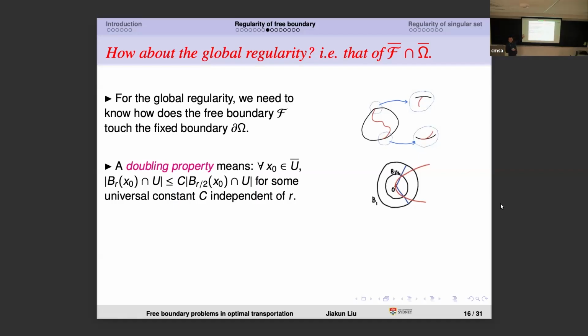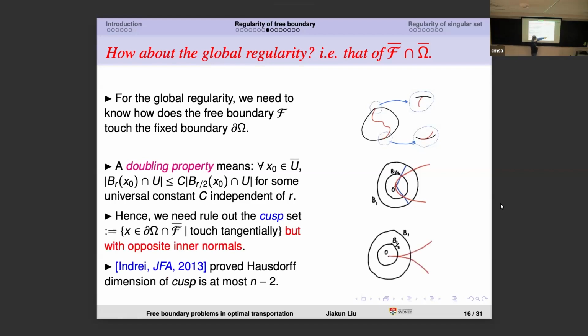It's very crucial for regularity of the Monge-Ampère pair. Now, imagine if you have a cusp, this doubling will fail, because once you have the cusp, the volume cut by the half ball is shrinking too fast. So the doubling will fail, and a cusp is not good in this case. We're trying to rule out the cusp set.